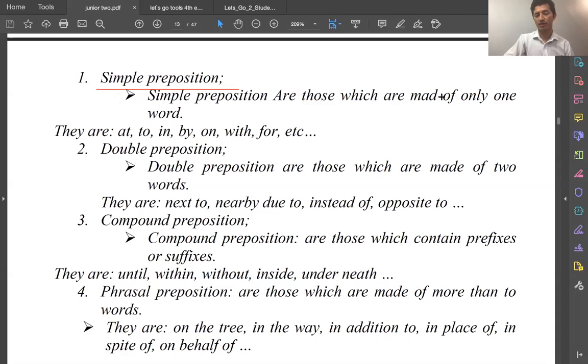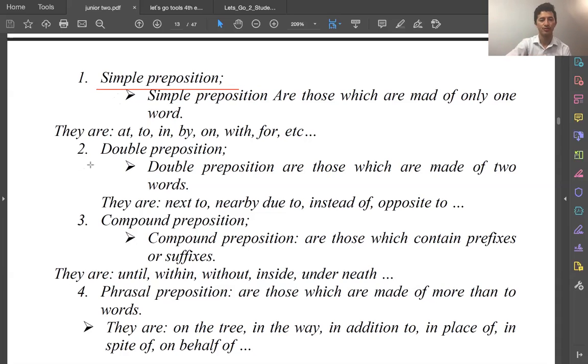Sorry, my mistake, made, M-A-D-E, made of only one word. They are at, to, in, by, on, with, for, and so on. So when a preposition is made of only one word, it's called a simple preposition.